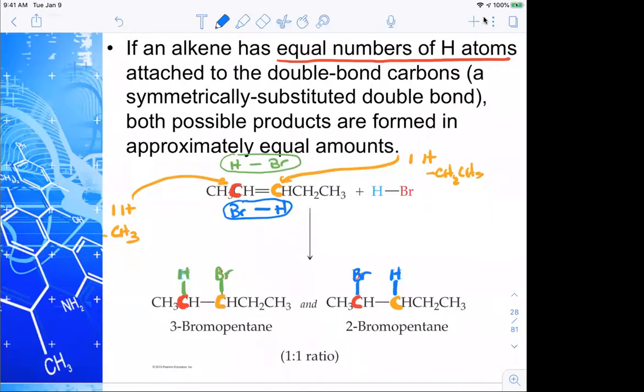And then, just like any other isomers, if I actually name them, I can clearly see that if I use IUPAC rules to name these, my bromine is on either the 2 carbon or the 3 carbon, which means these are constitutional isomers.